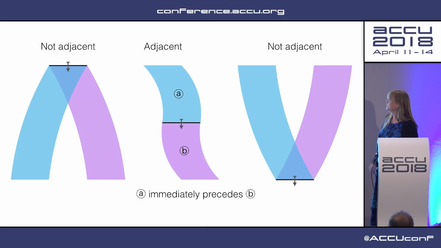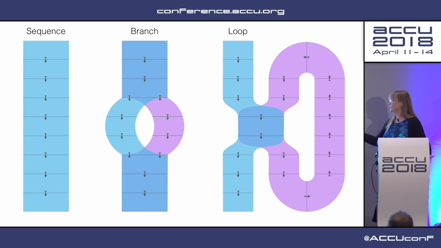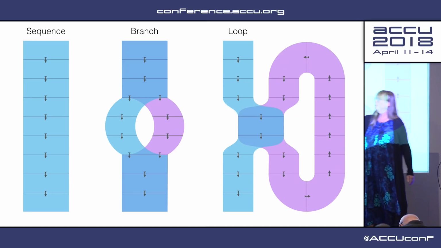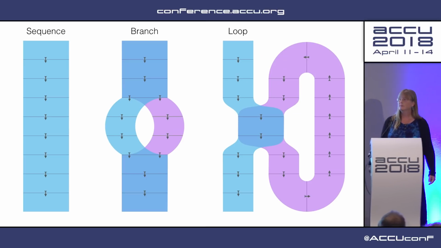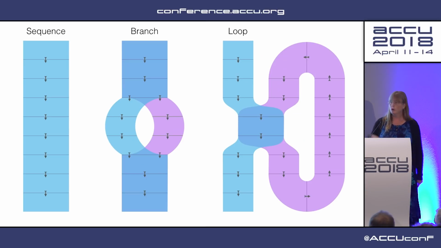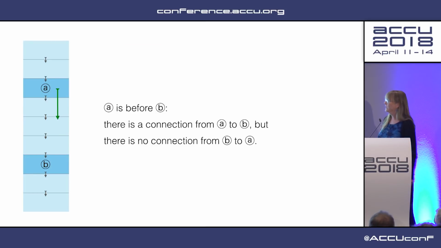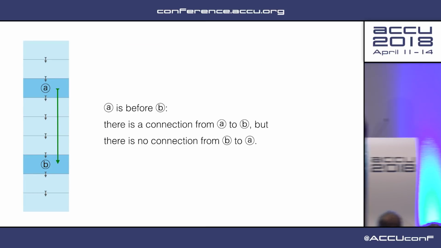A precedes B, but B does not precede A. Using that, of course, we can do the thing you expect. We put in directional edges instead of bidirectional unitopological edges. And we control the direction of flow through all of these pictures. And that gives us a more nuanced idea of connection. We have a directional idea of connection.